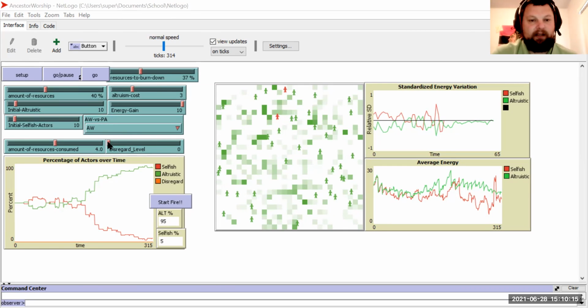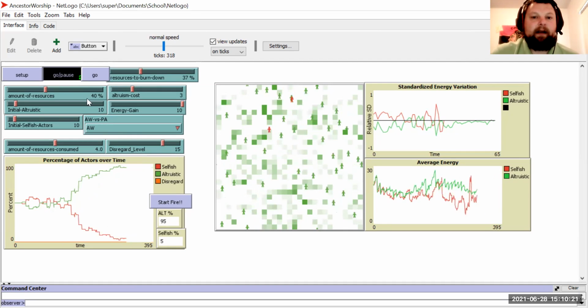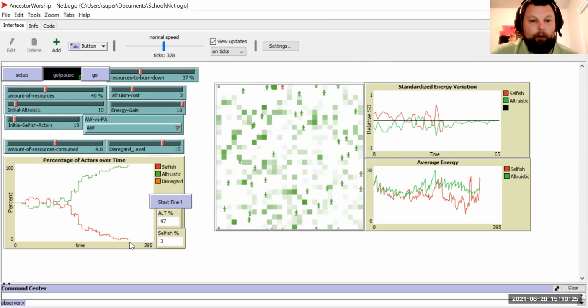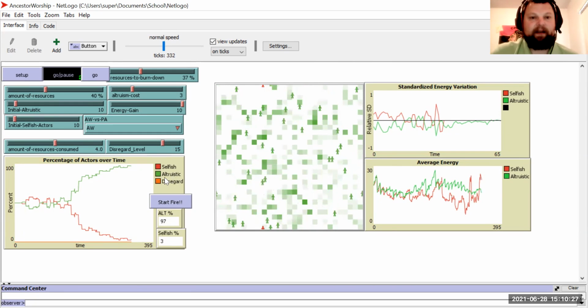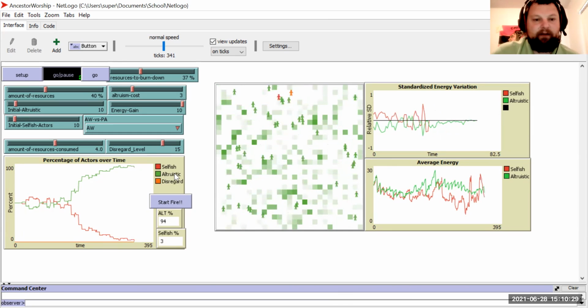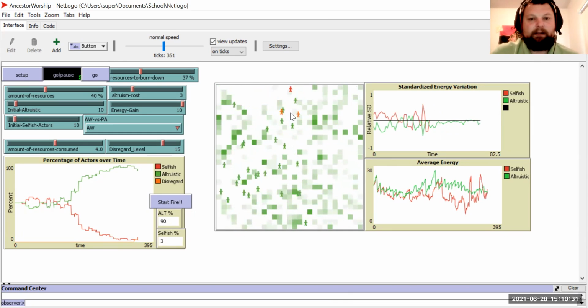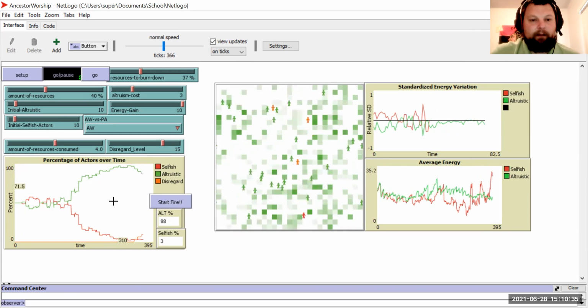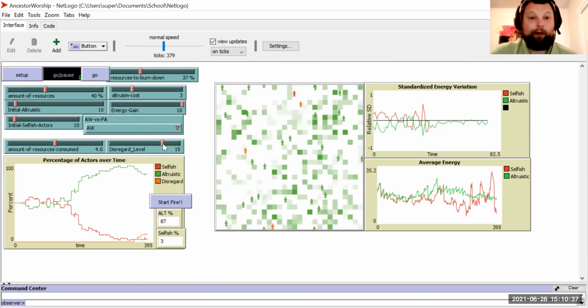I'll show you what this looks like. So the higher this is set, the more likely oranges will appear. Oranges are those who have defected from the altruistic strategy of their forefathers, their parents. And this obviously has an effect on the greens population in total. Now, this is really high.